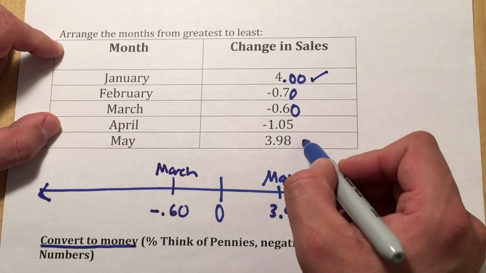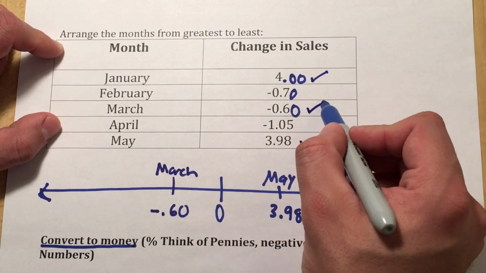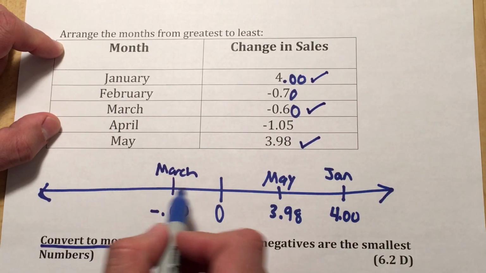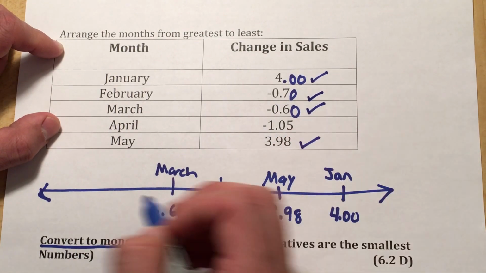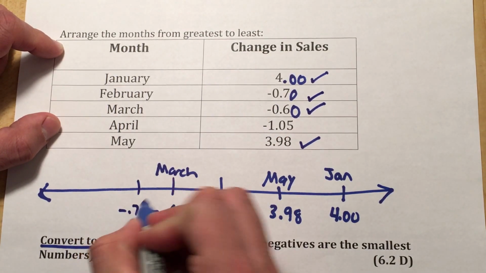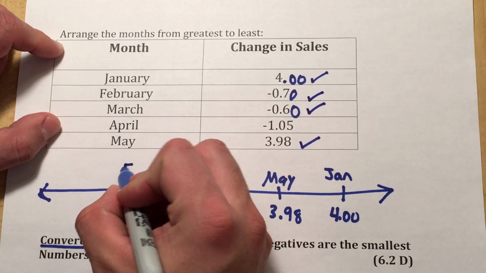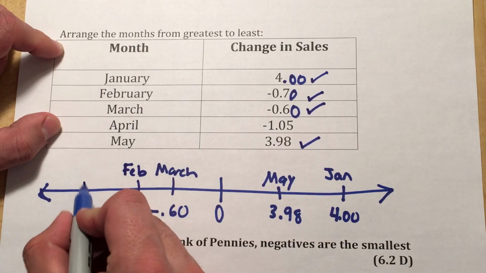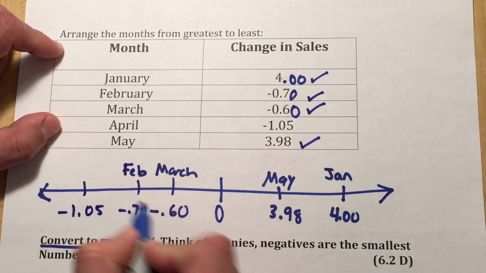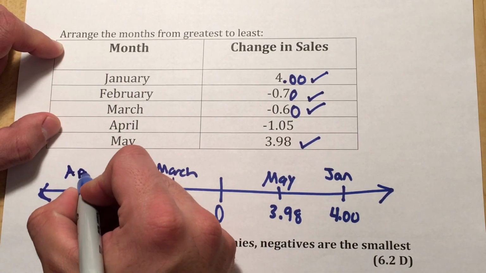January, May, and then March. After March, if we're counting backwards, it would be -0.70. You guys agree? So it would be -0.70 here, and that represents the month of February. And then last but not least, it would be -1.05, which represents the month of April.